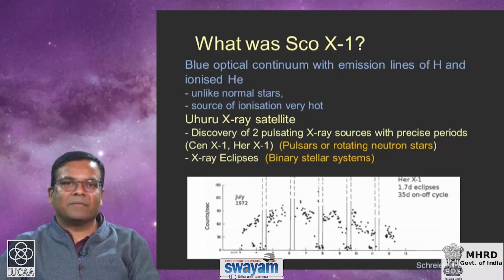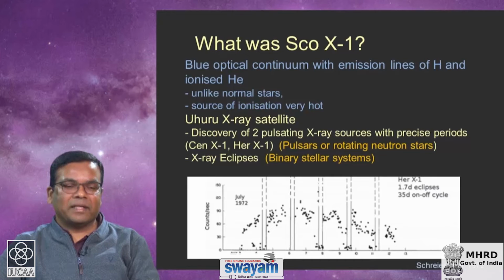This kind of spectrum was very different from the optical spectrum of normal stars, which usually have absorption lines and a weak continuum. The blue continuum and the ionized lines of helium and hydrogen indicated a source of ionization which must be very hot, but the nature of this source is still not known.